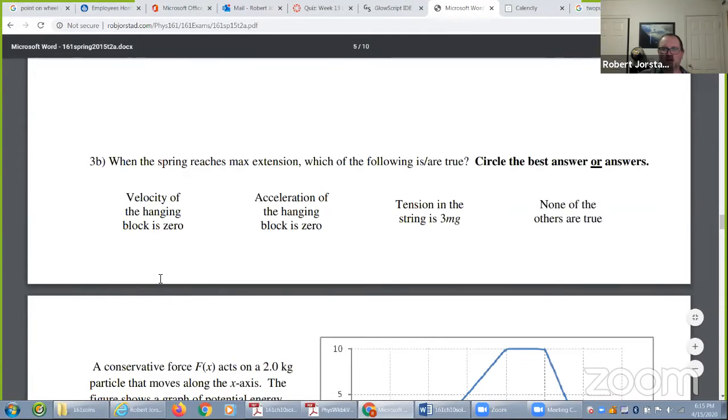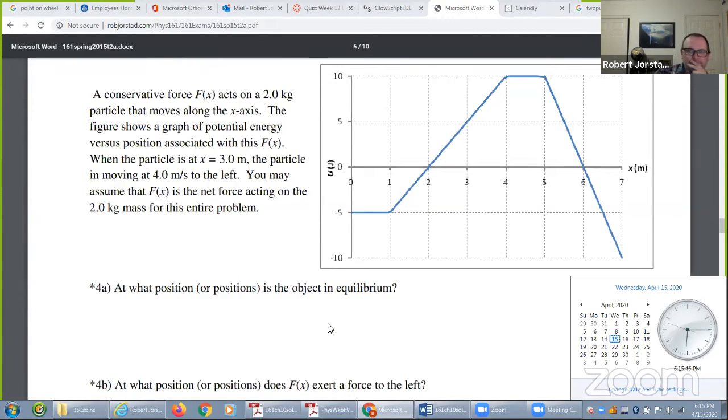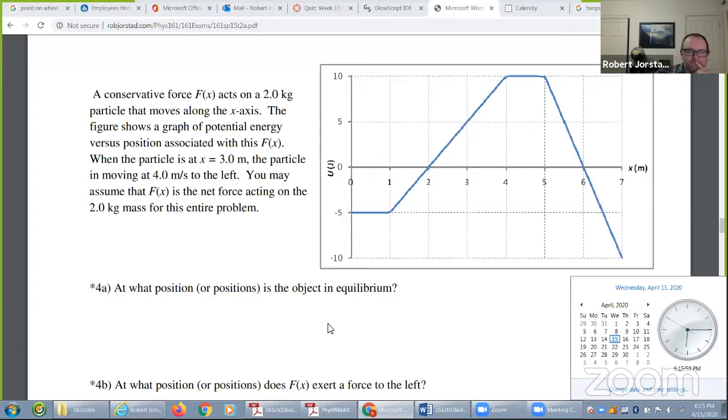All right, let's take a look at this one. And let me bring up my clock. Potential energy versus position. Got it.